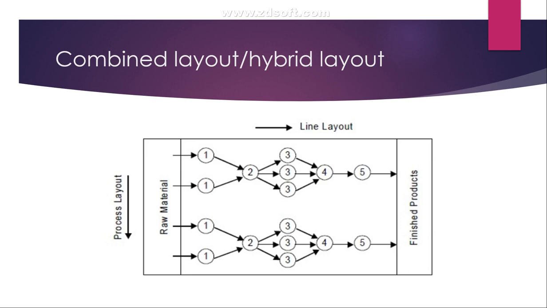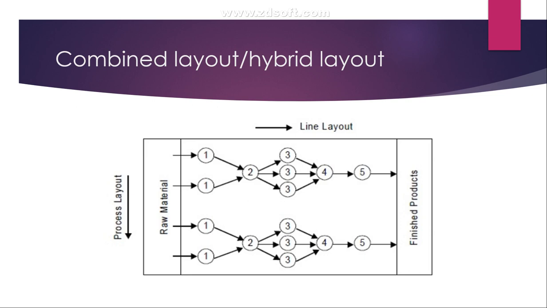If we look at the line layout, a product enters workstations 1, 2, 3, 4, and 5, and then reaches the finished product. If you focus on the process layout, we have the different functions, with multiple process areas or functional workstations established.